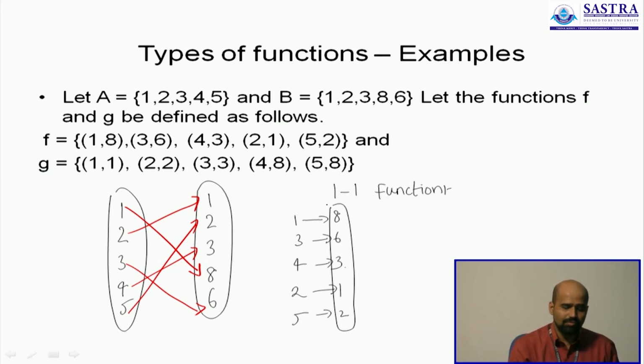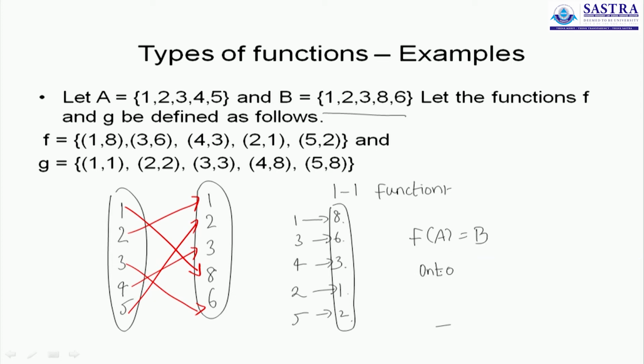The range of the given function is these 5 elements, 1, 2, 3, 6 and 8, and they are the same as the codomain in the set B. So you see that the range of the function is the same as its codomain, and therefore it is also an onto function. It is also a 1-to-1 function. Therefore it's both an injective function as well as a surjective function. Therefore you can see that the function f is actually a bijection.